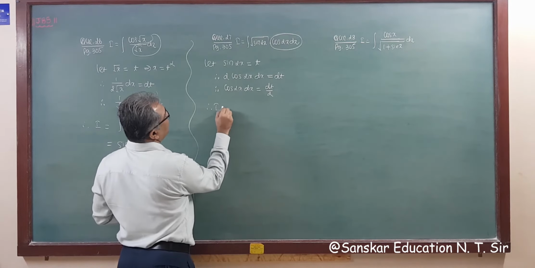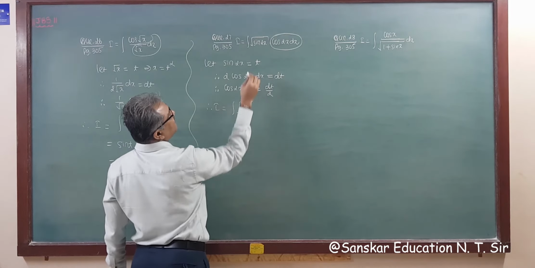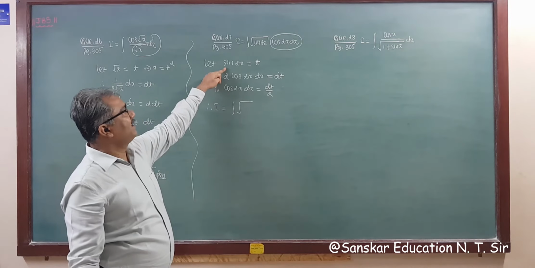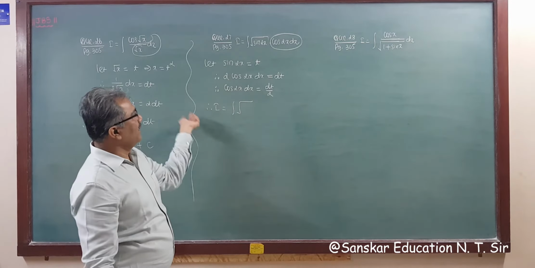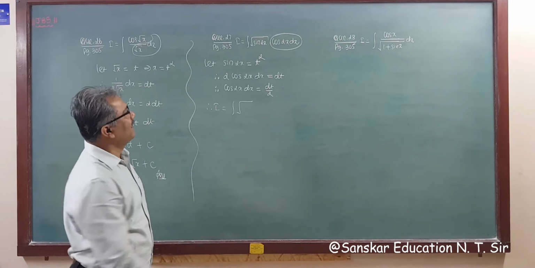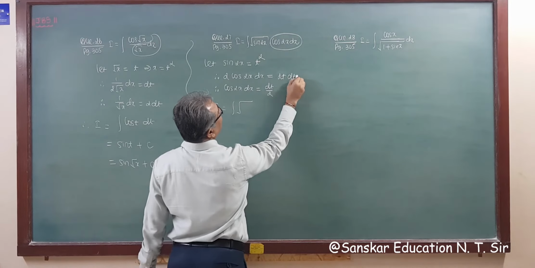So I is equal to integration under root sin twice x, which is t, right? If you assume this as t square, then your answer will be twice t dt, right?